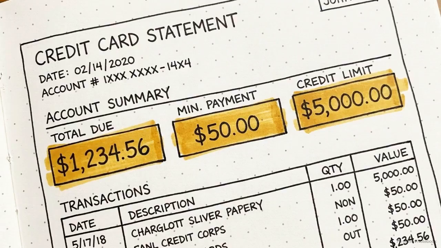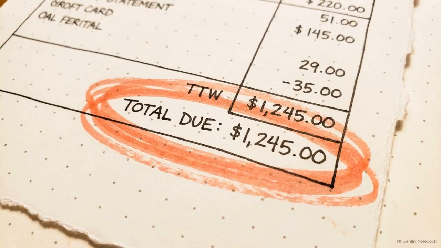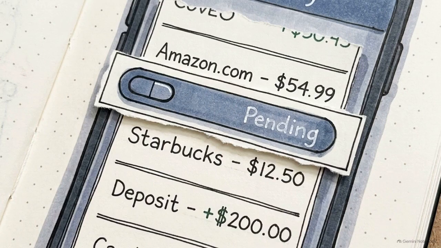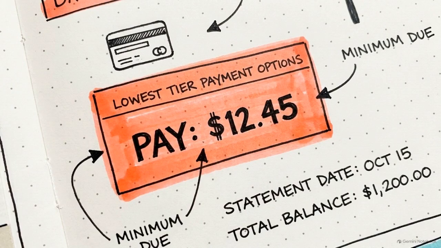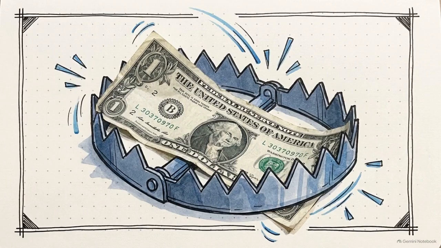To manage this system, you have to decode the interface. Credit card statements present 3 different numbers with very different financial implications. The current balance is the real-time sum of all debt, including new purchases that haven't been officially billed yet. The minimum payment is the absolute floor required to keep your account current and avoid technical default. Paying only the minimum is a trap.